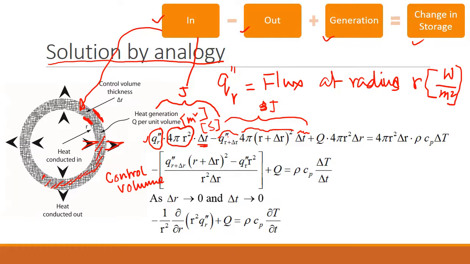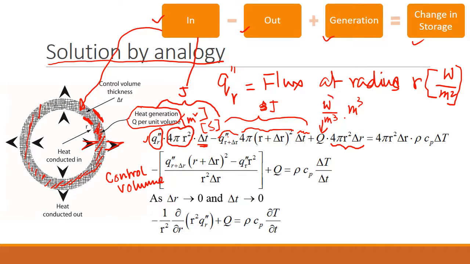Now, how much heat is generated inside this during the time delta t? That would be q, the rate of heat generation. So q here is the heat generation per unit volume times the volume of this shell. The volume of this shell is 4 pi r squared delta r. So this is watts per meter cubed times meter cubed.